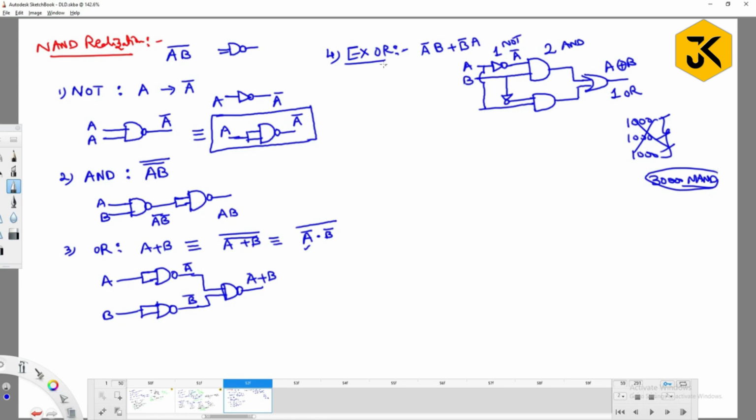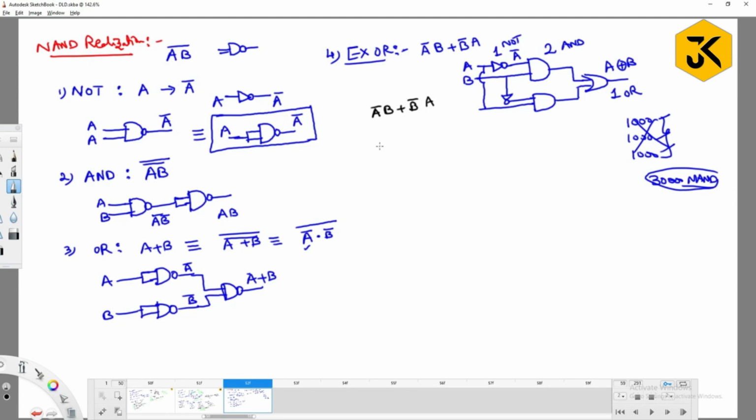Now we'll try to represent this XOR gate in terms of NAND gate. How to do that, we'll see. Here the expression is A bar B plus B bar A. As I am trying to write everything in its complement form, I am trying to get the complemented data.